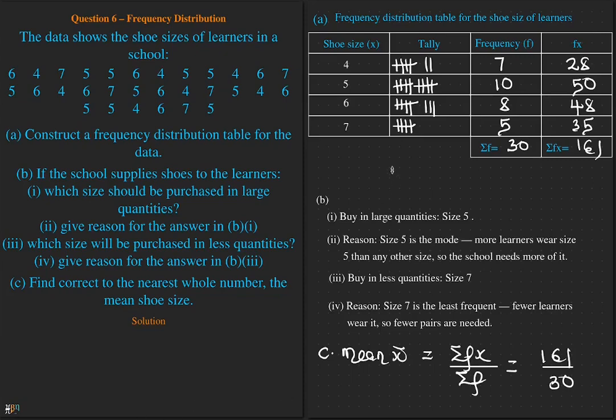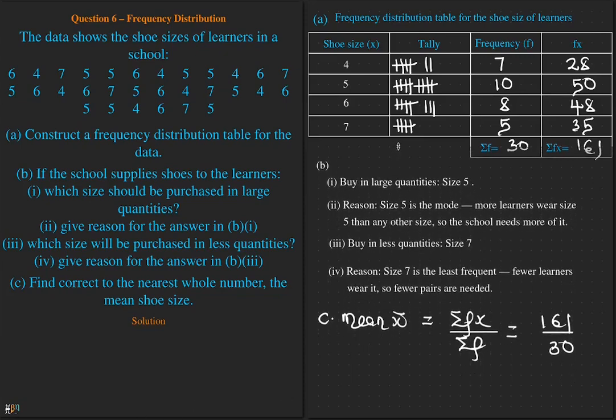Now you need to take note that the question specifically pointed out that you should be correct to the nearest whole number. So this you have here, you have to do your long division. After doing your long division, you are going to get approximately 5.3.